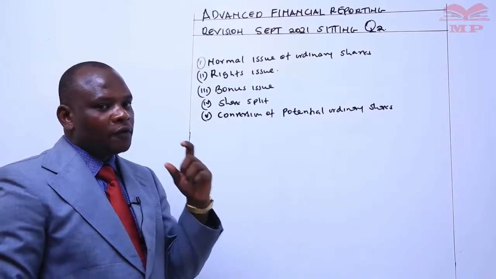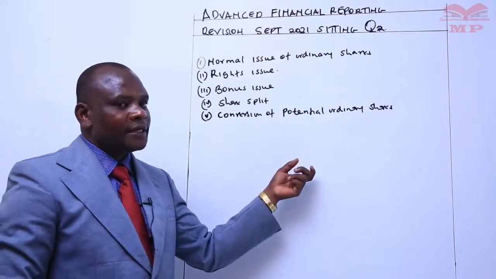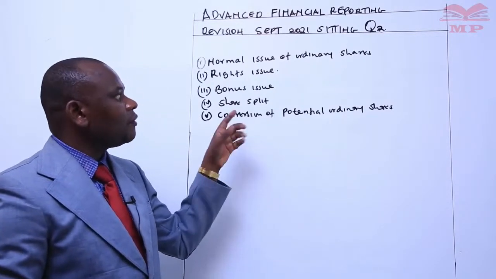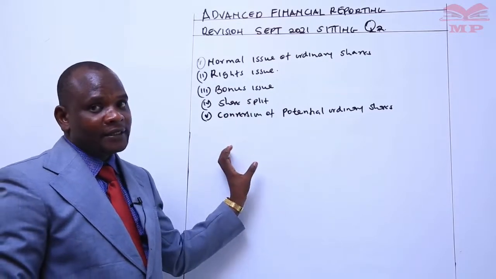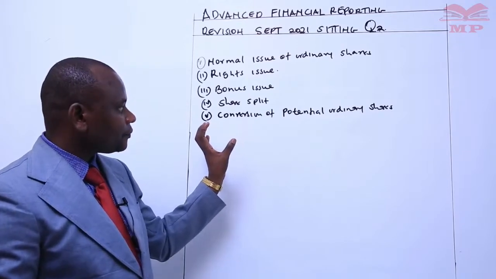Now, when actual conversion of a potential ordinary share takes place, then it is going to affect basic EPS.